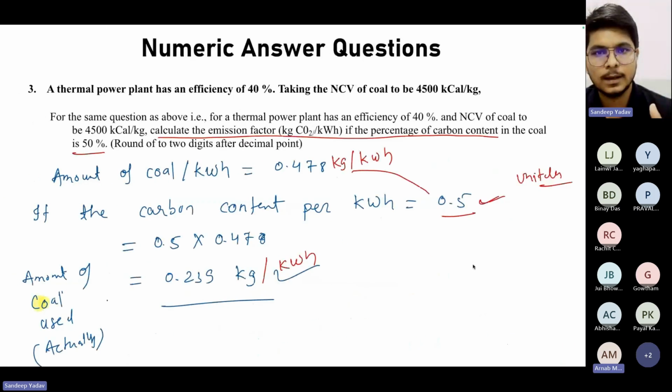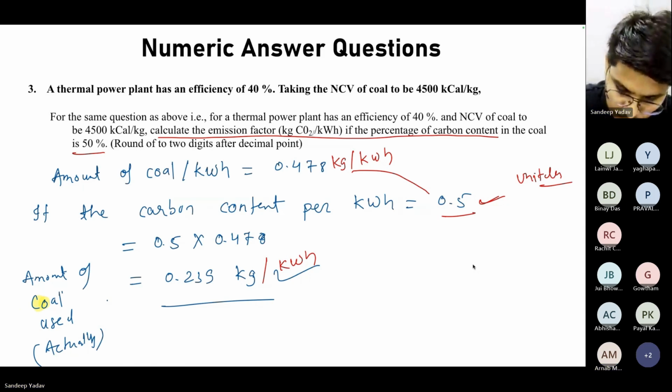I'm not saying carbon dioxide, only the carbon, in kg of carbon. Then it has to interact with O2 and formulate CO2. Yeah, correct. Now I got your question. Thanks.